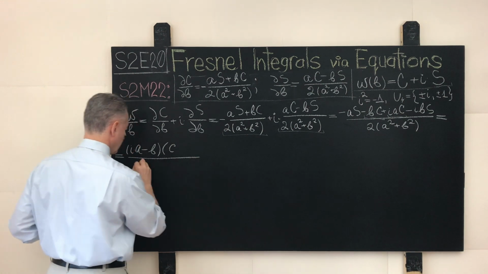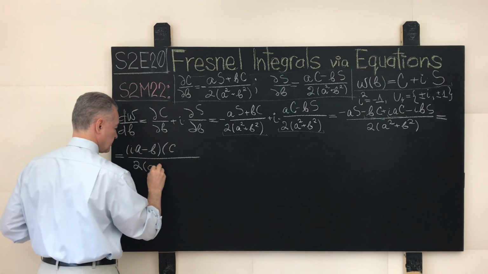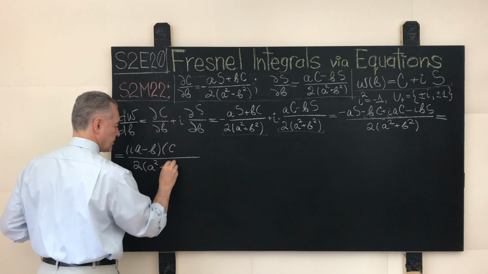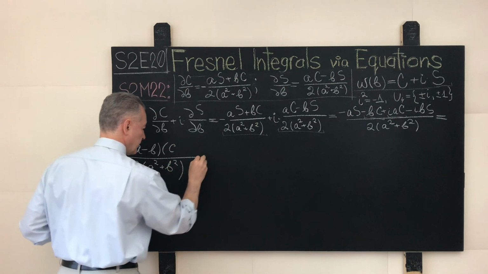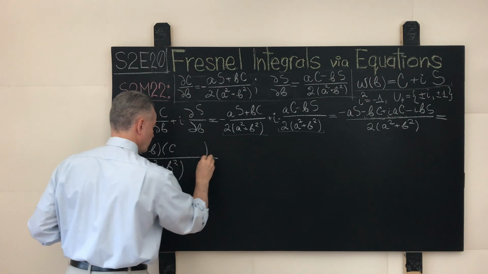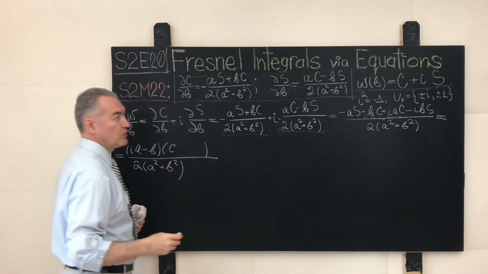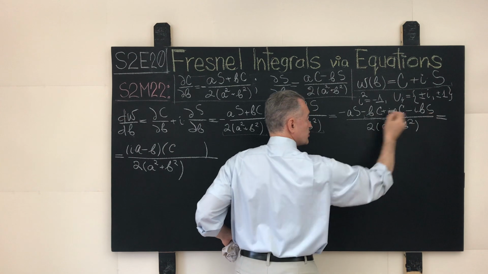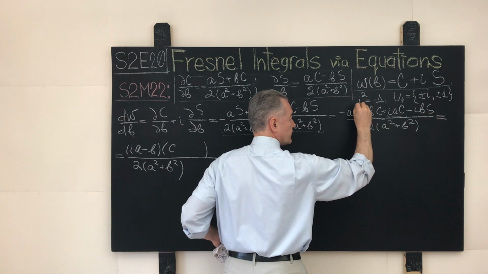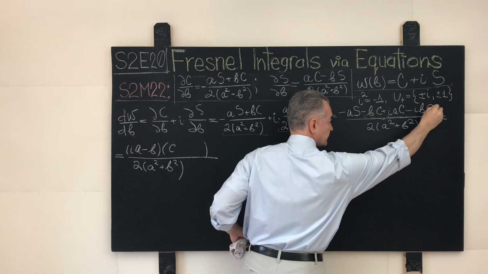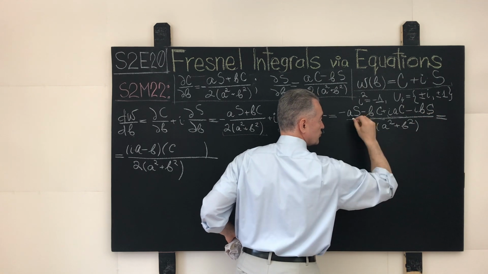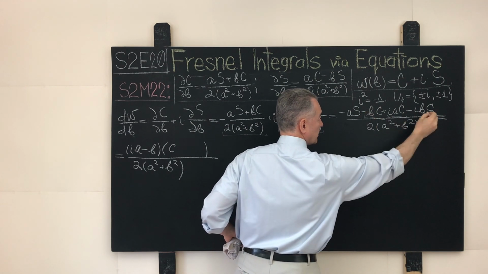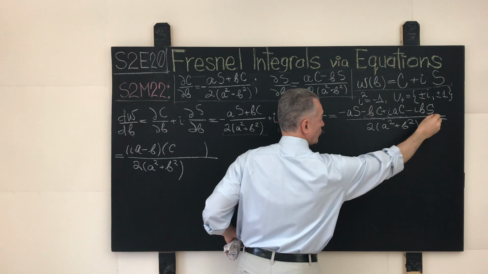The denominator will be one and the same, 2 times a squared plus b squared. And what will we have over here? Well, now we have two summands, each of which has the function s as its factor. So far so good. So if we factor s out, what will we have?